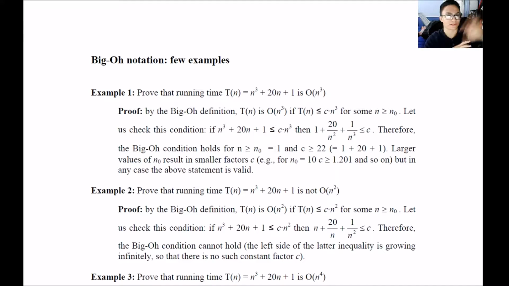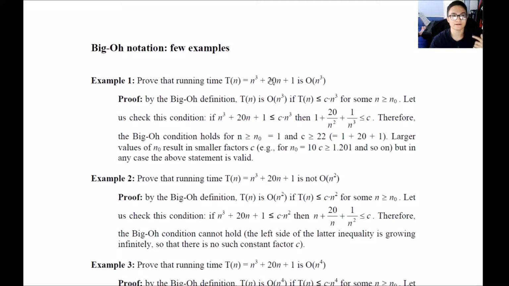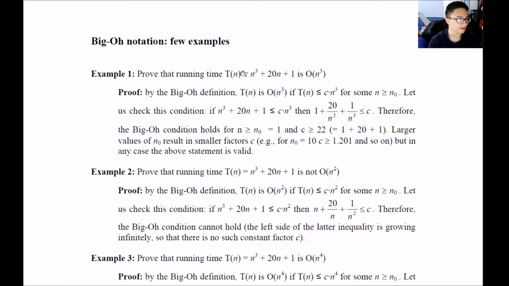But in terms of big O and computer science, what I've read on my own is that with an equation like n cubed plus 20n plus 1, if you were to plug in any number, let's start with 1 for n, you'd have 1 plus 20 plus 1, which is 22. That's not a really big change.